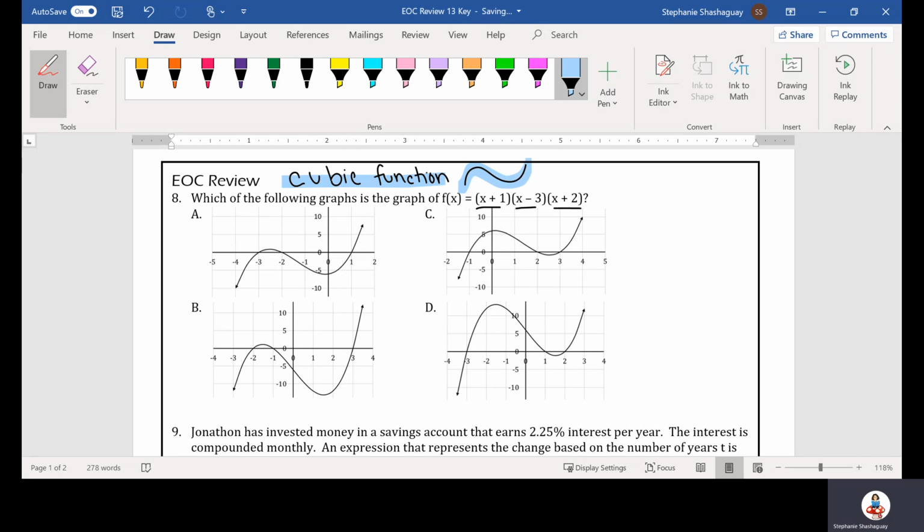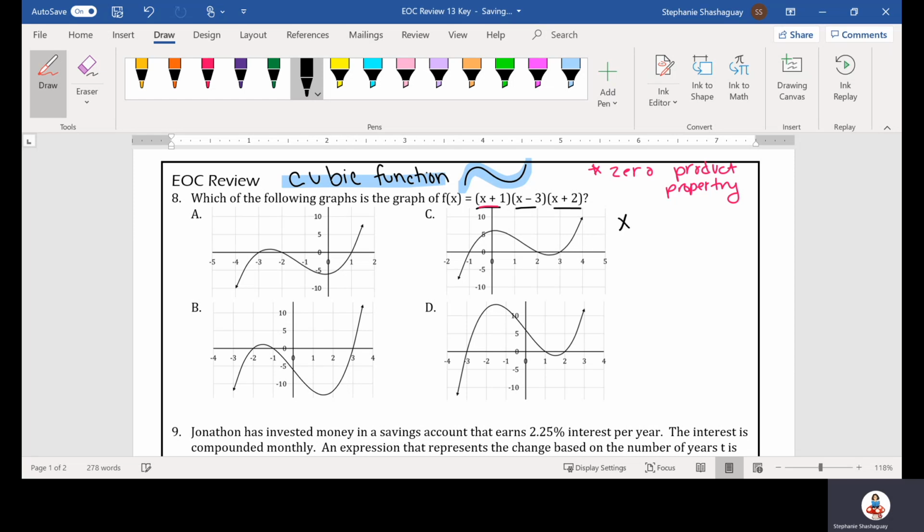But all you really need to know here to solve this is the zero product property rule. The zero product property rule states that if you take each one of these values and set it equal to 0, then you'll have your x-intercepts.